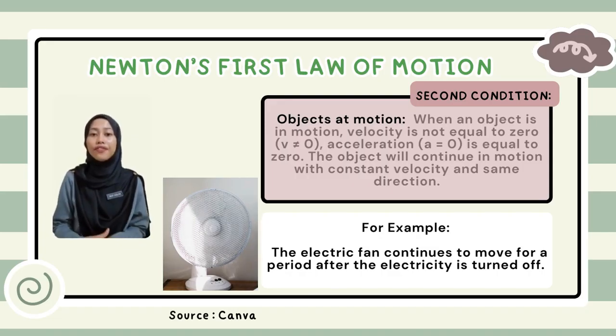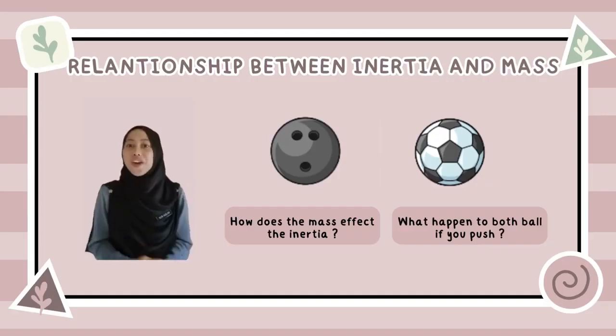The blades of the fan were in motion and take time to come to rest after being switched off. Okay, you already understand the concept of inertia. Very simple concept. The moving object remains moving with constant velocity. The object at rest continues at rest.